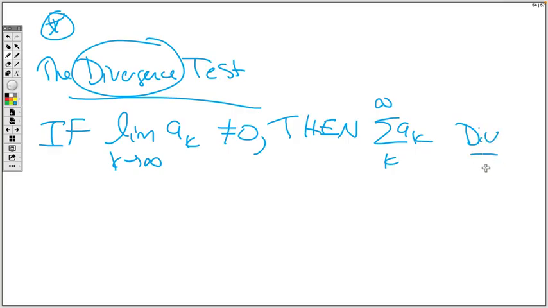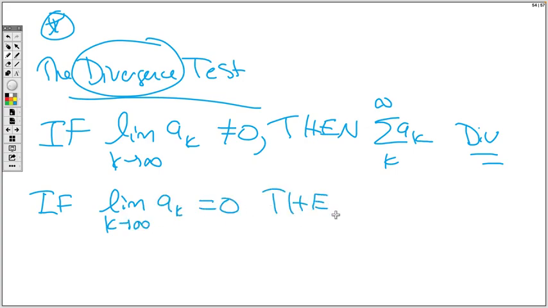Diverges. It's right in the name. If, on the other hand, the limit as k goes to infinity of a sub k is 0, then we don't know what's happening. It could either converge or diverge.